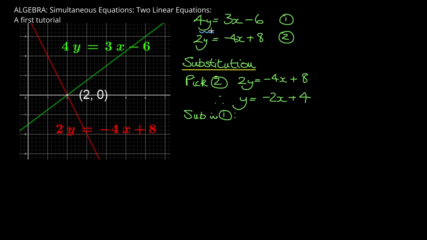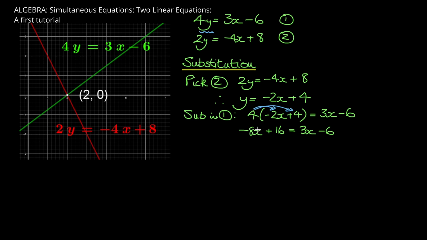And we get 4 lots of this, so is equal to the right-hand side of 1, which is 3x minus 6. Multiplying this bracket out, remember the 4 is going to influence that guy and that guy. Okay, this is going to be negative 8x plus 4 times 4, 16, is equal to 3x minus 6. X is all on one side.